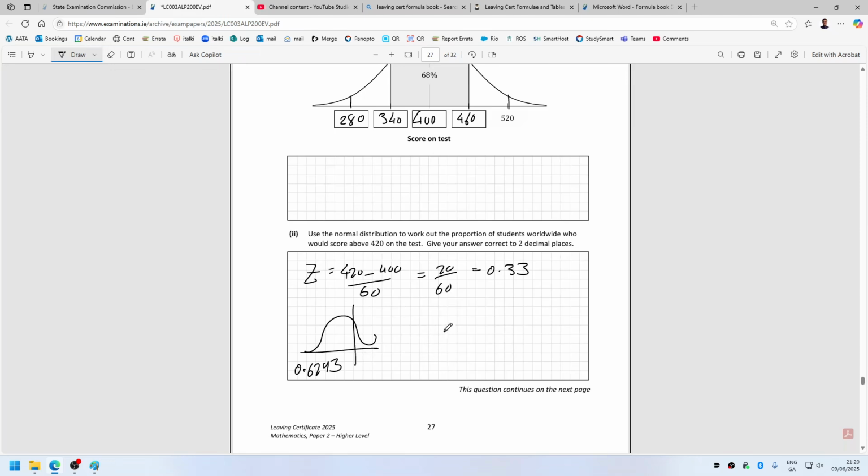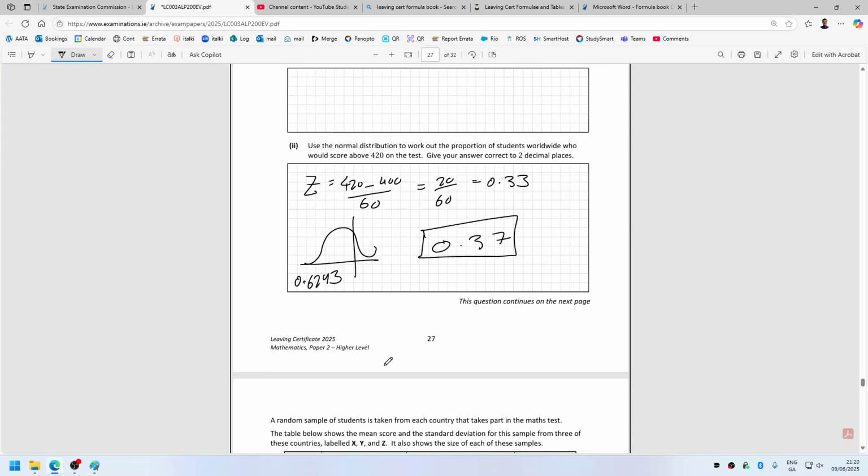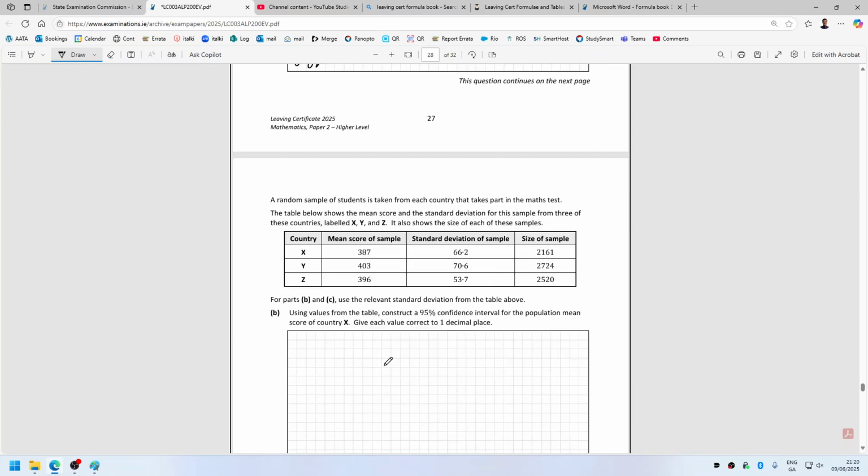So that would be 0.37 would score above 420. Yeah, not sure about rounding, but anyways.